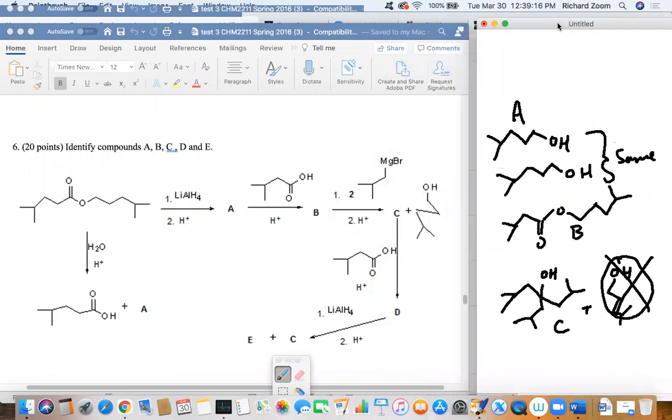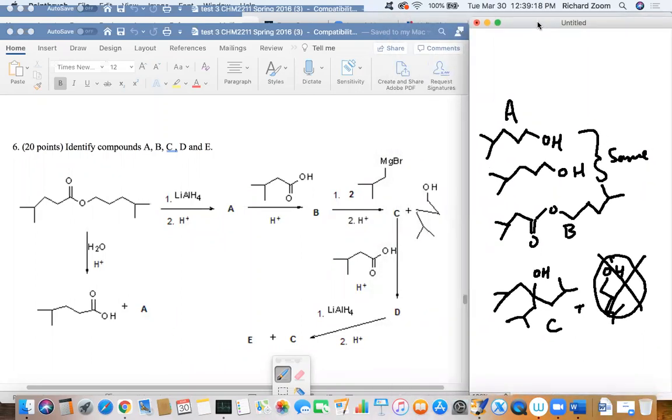I think it's probably safe to say that when you look through all these roadmap problems, you'll see a lot of repeating reactions that are used a lot. Grignards are pretty common. The lithium aluminum hydride, you might see that. Another one you might see is the copper lithium one, which I'll show you in another example.